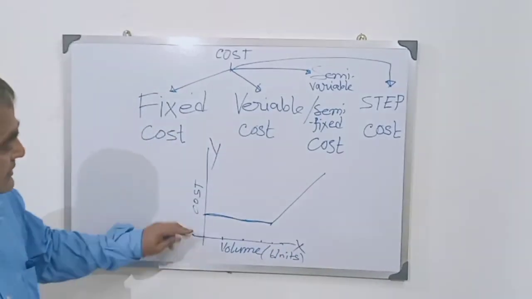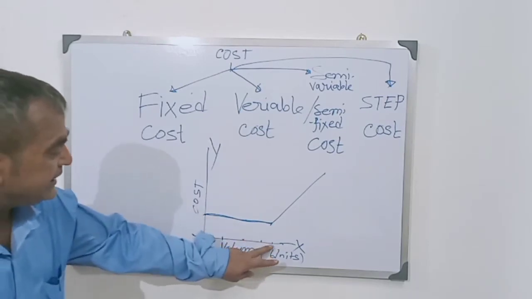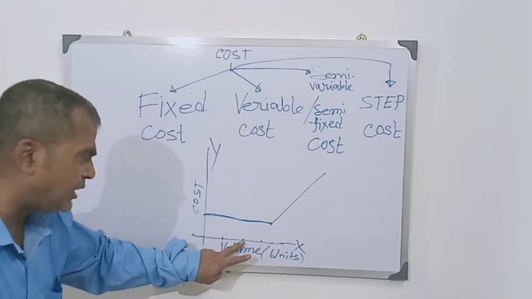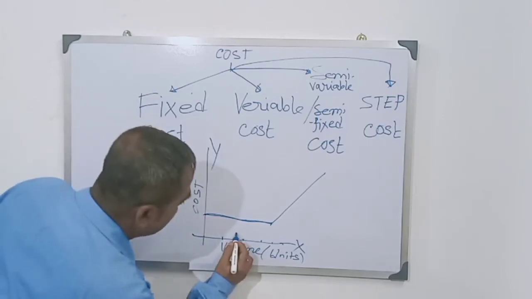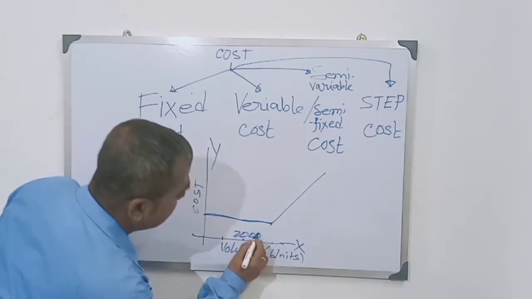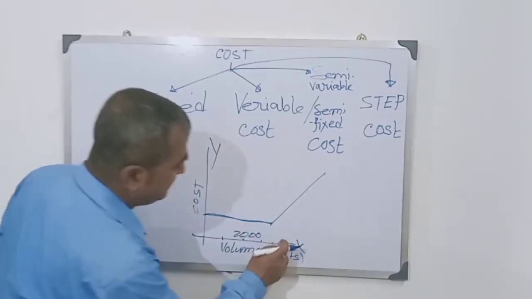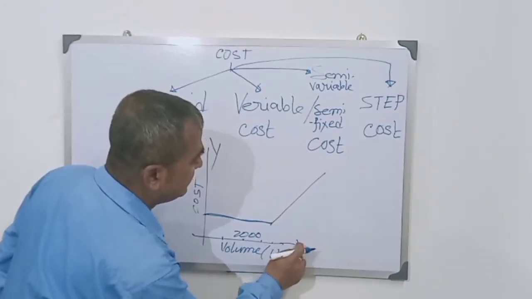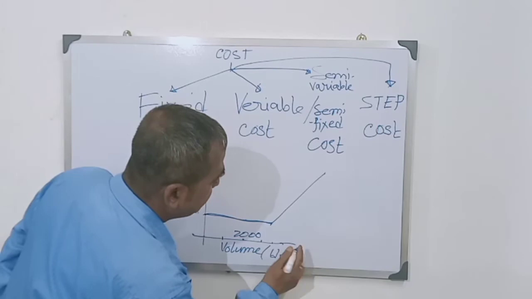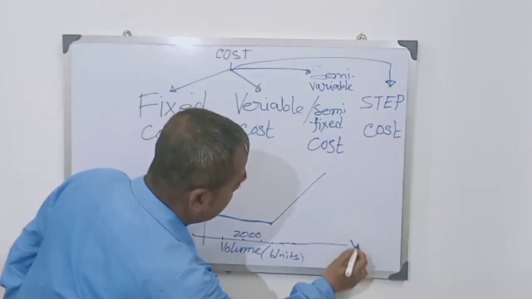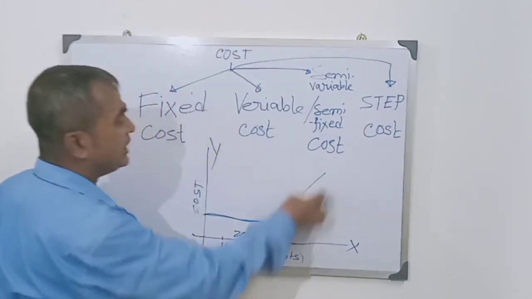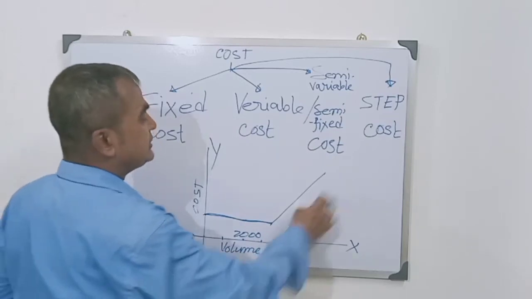You have to understand, up to certain units, it could be 2,000 units, then from there it starts varying. It could be 5,000 units, then from there it will start varying.